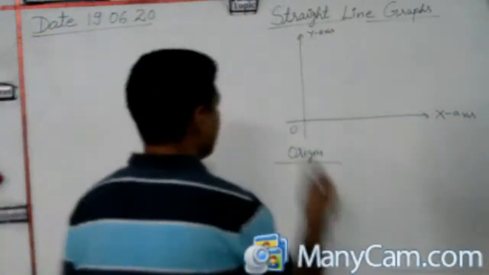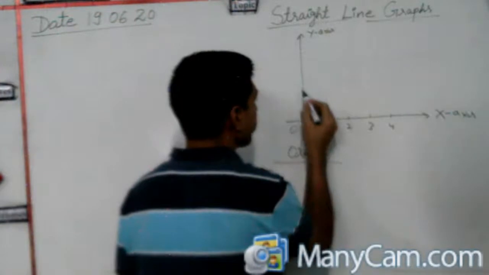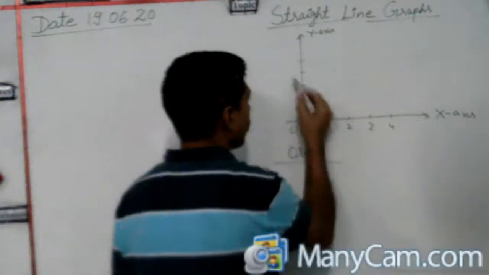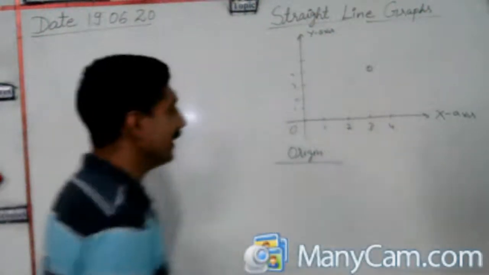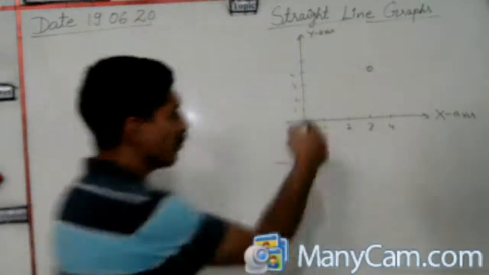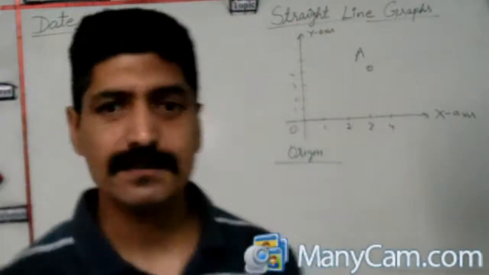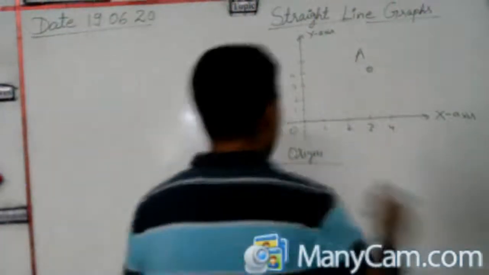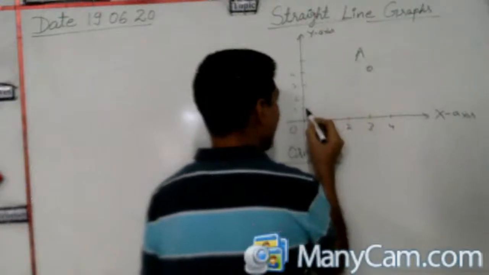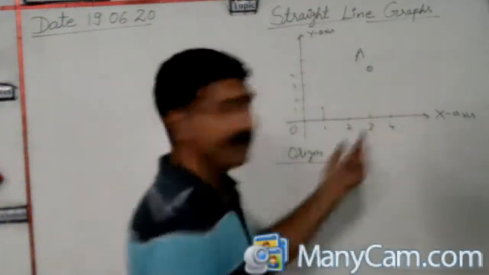With respect to O, suppose we have a point 3, 4 here, and a line is passing through this point, and this point is A. It has the x coordinate and the y coordinate, and we have one more point like 1 and 1 here, or we can take any point anywhere.